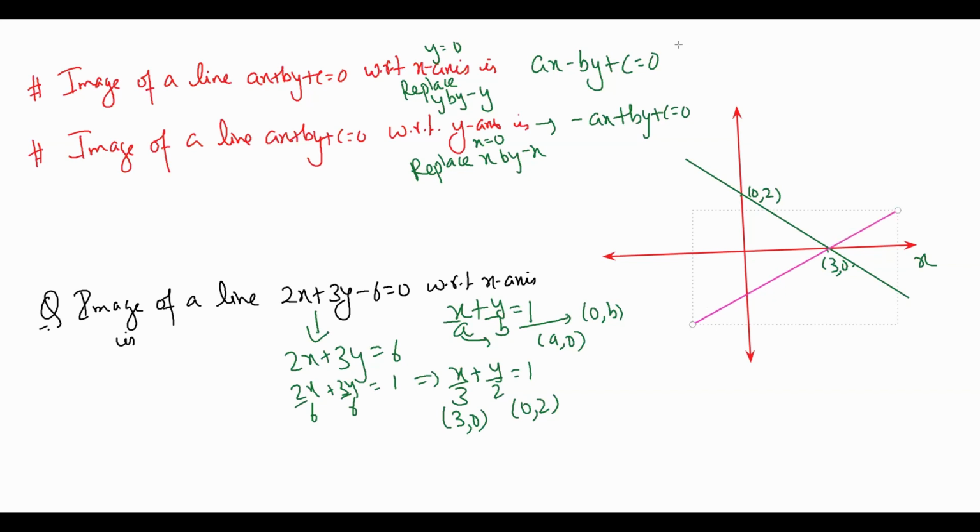That means your image passes through (3, 0), and according to the concept, the image of this green line is this pink line, and this is passing through (3, 0) at the same distance. If this distance of the green line from the x-axis is 2 units, then again this pink line must pass through at a distance of 2 units below the origin.